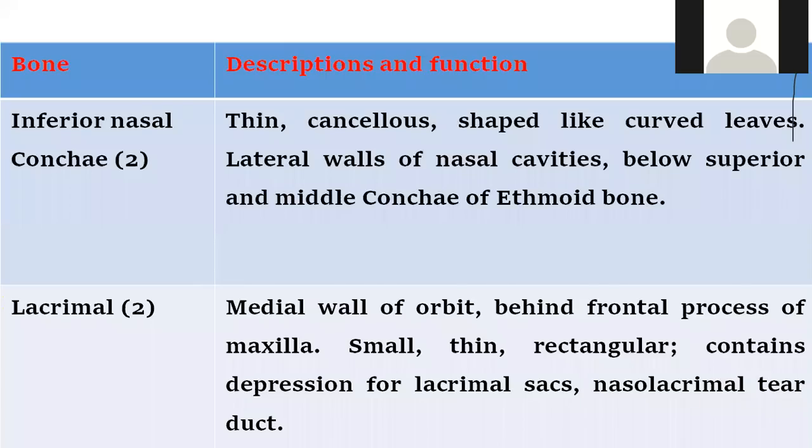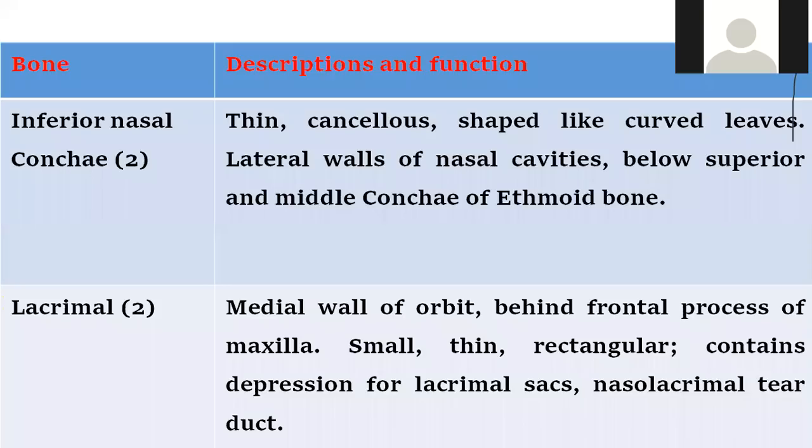So for the lacrimal bone, the lacrimal bones, they are also 2. You know, I told you we have paired bones that make up the facial bone. So the lacrimal bones form the medial wall of the orbit, and they are behind the frontal process of the maxilla. They are small, thin, rectangular, and they contain the depression for the lacrimal sac and nasolacrimal duct.